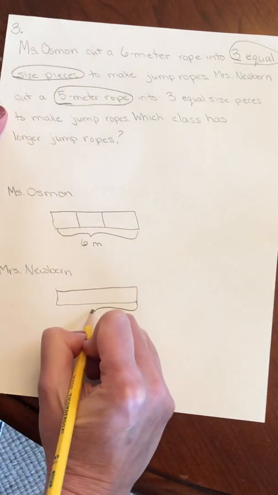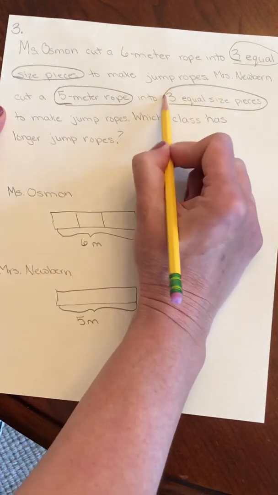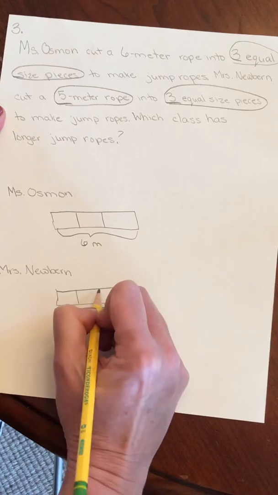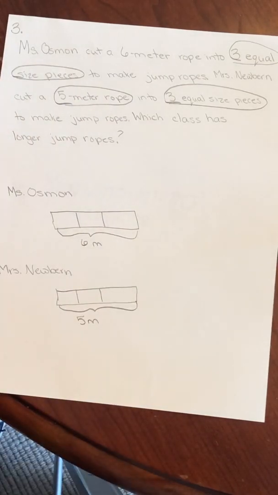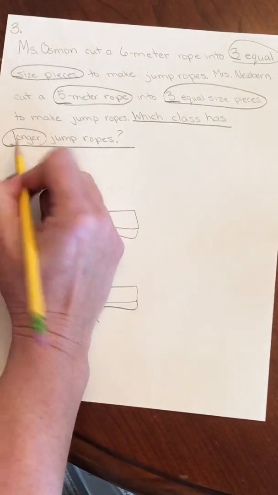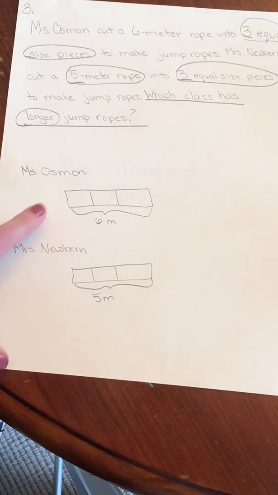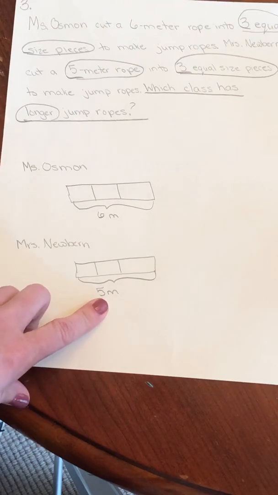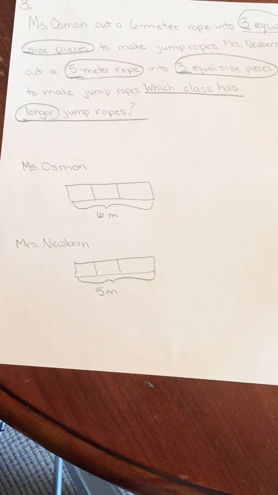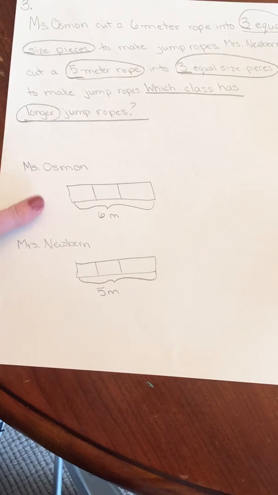So I'm going to write that on the bottom here, 5 meters. And again, she had 3 equal sized pieces. So which class has longer jump ropes? Well, if Miss Osmond started out with 6 and Miss Newbern started out with 5, who's going to have the bigger pieces? Miss Osmond or Miss Newbern? Okay. Of course, it's going to be Miss Osmond because the original rope was longer.